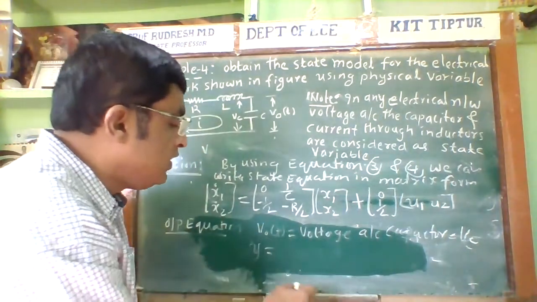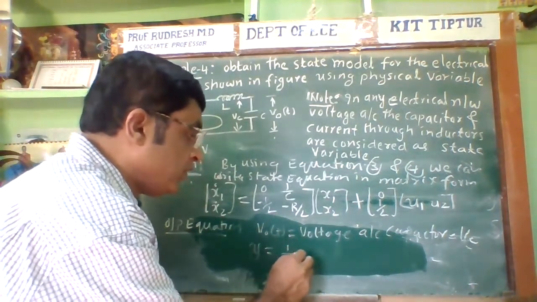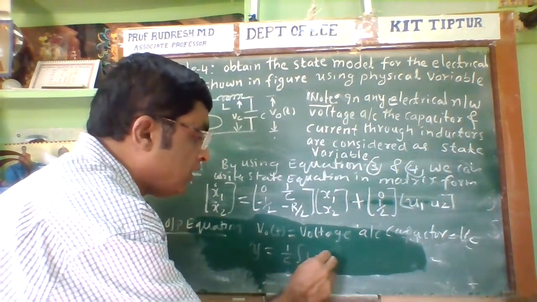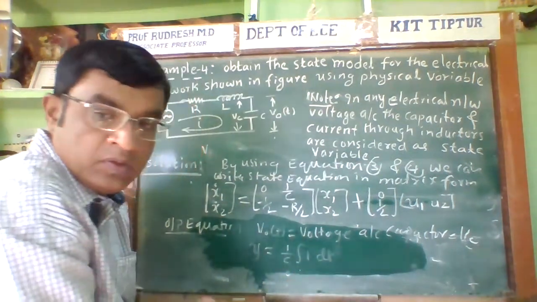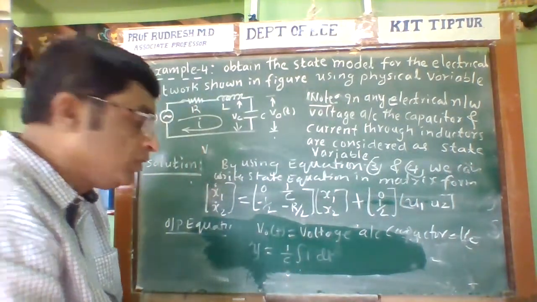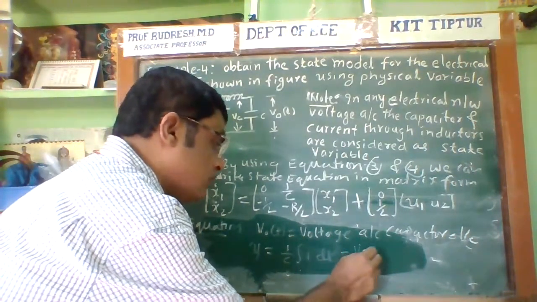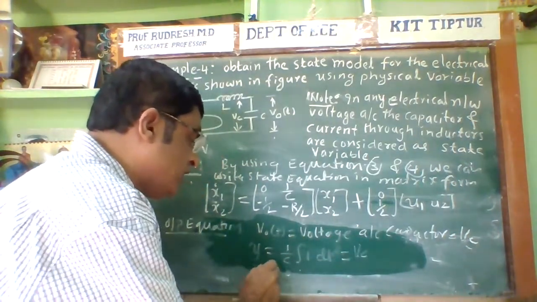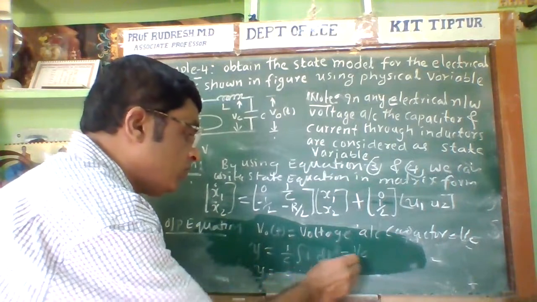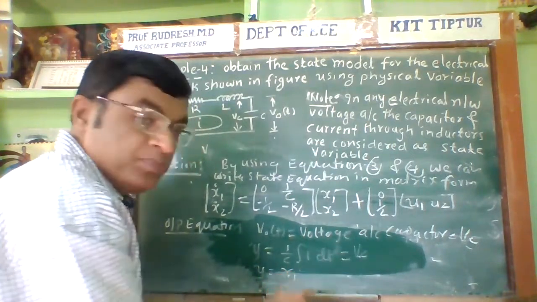Voltage across the capacitor is equal to 1 by C integral of i dt, that is Vc. Now what is y? y is equal to Vc, which is nothing but x1.